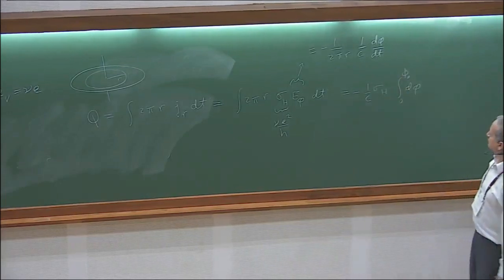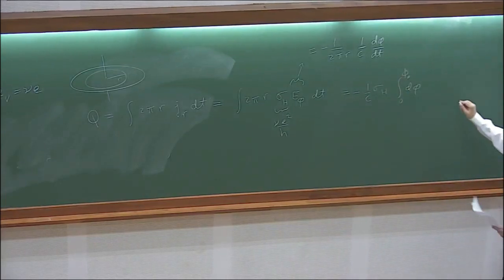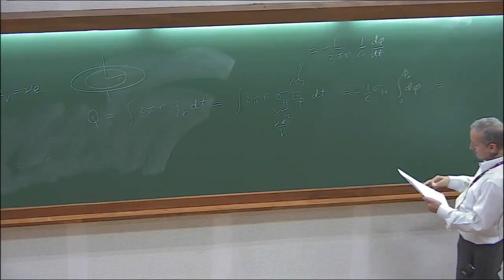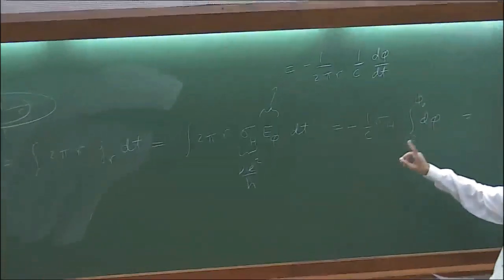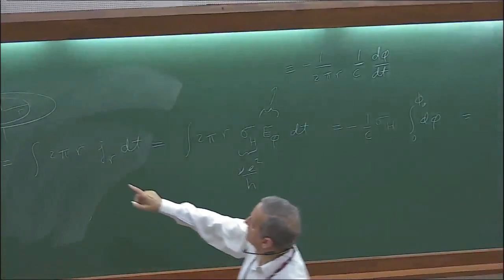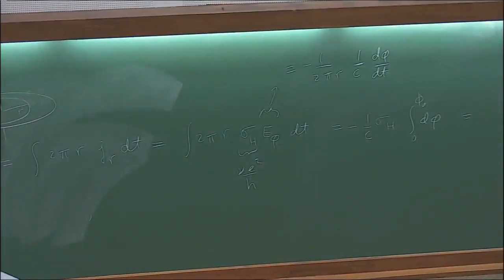I should clarify, I have taken this loop far away so that the Hall conductivity is constant. Very close to this place where I'm piercing the flux, the density itself is not constant, so the Hall conductivity has some dependence on the position, but far away it has no dependence and it's given by this formula.